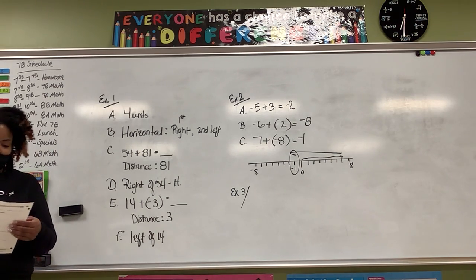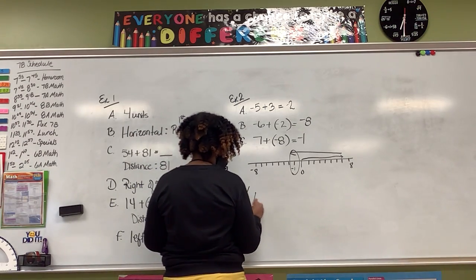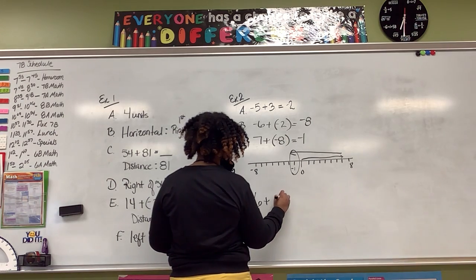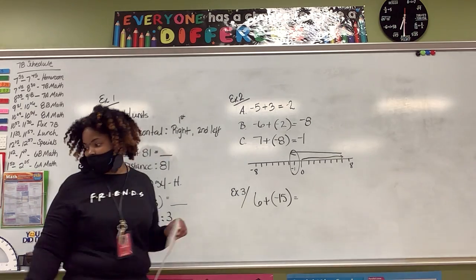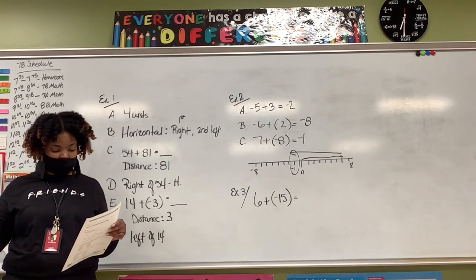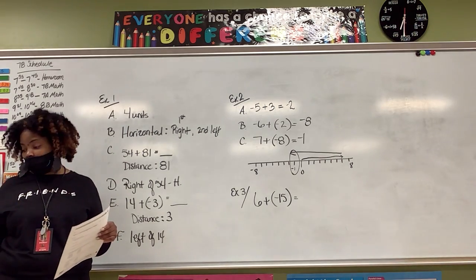What equation am I writing? 6. Okay. 6 plus negative 15. Yes. Equals. You have to create it, put your equation in that box, and then use the number line to show how that looks.